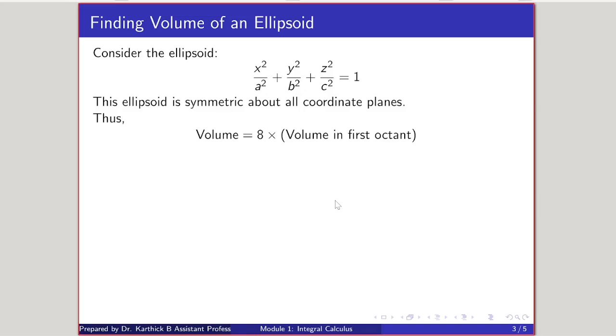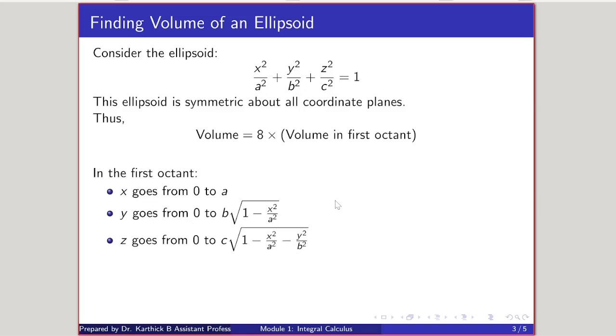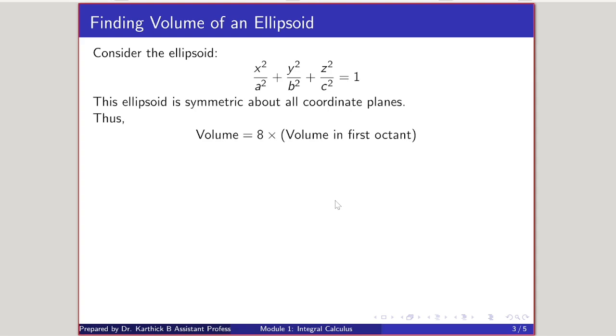So we apply the same process, and here to evaluate this, it will be 8 times the triple integral over the region of dx dy dz, or else dz dy dx, according to which you have to find the limits of x and y.